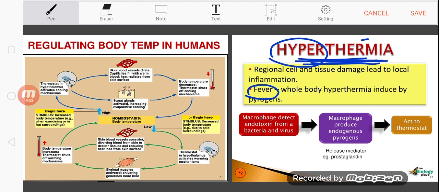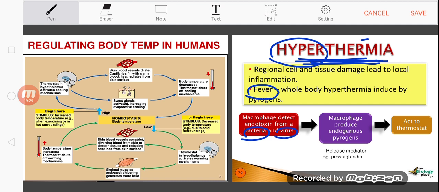So what happened is macrophages detect endotoxin from bacteria and viruses. The bacteria and viruses that enter our body system are foreign materials, foreign cells. Our immune system will detect these foreign cells. The macrophages especially detect the endotoxin.